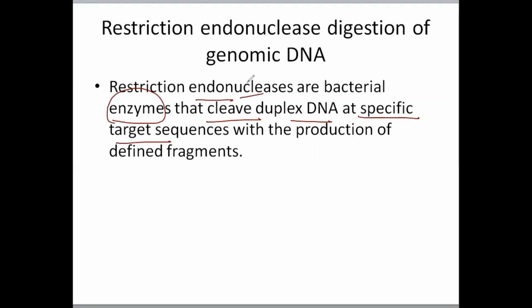What are nucleases? Nucleases break the DNA, and endo means which breaks it in the interior. Do check out my previous videos for a more proper explanation about nucleases and endonucleases.